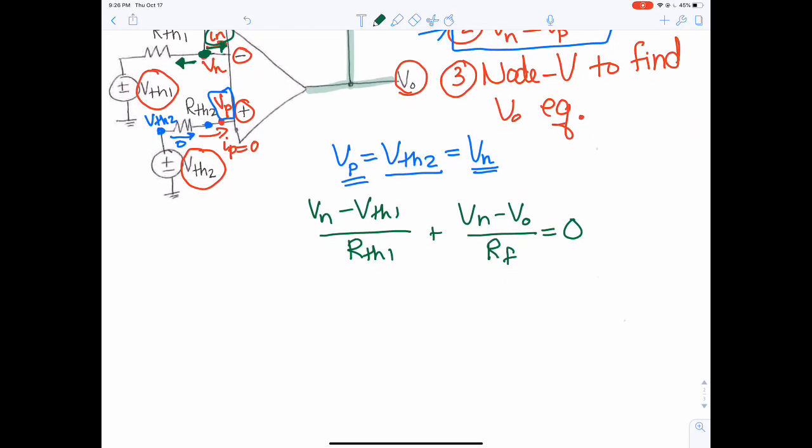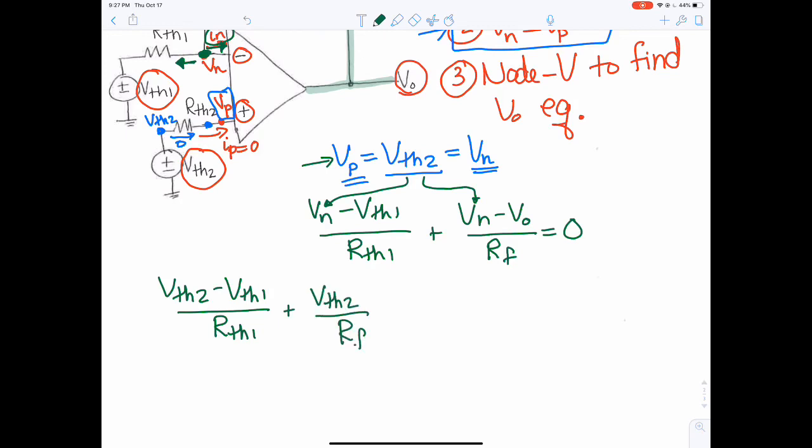And now we can combine those two equations and substitute in the VTH2 for our Vn's here. So I have VTH2 minus VTH1 over RTH1 plus VTH2 over Rf, and then I can take the Vo over Rf over onto this side.